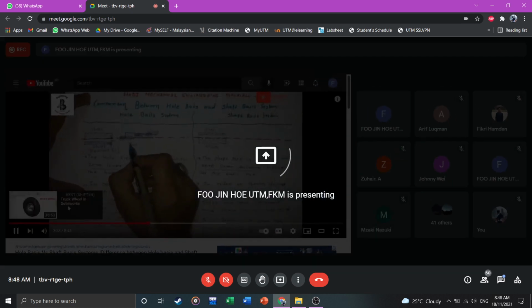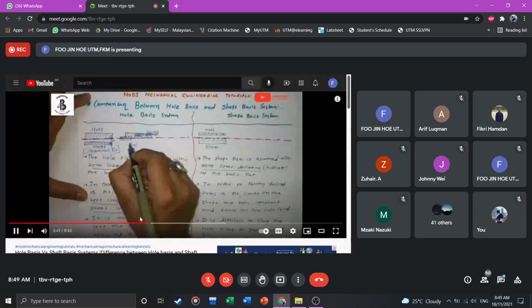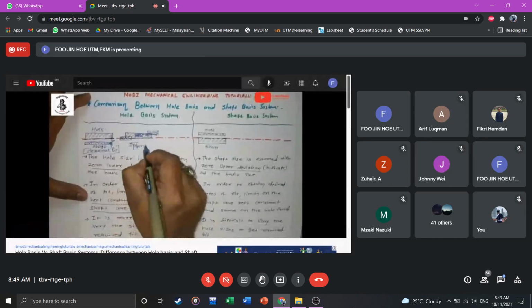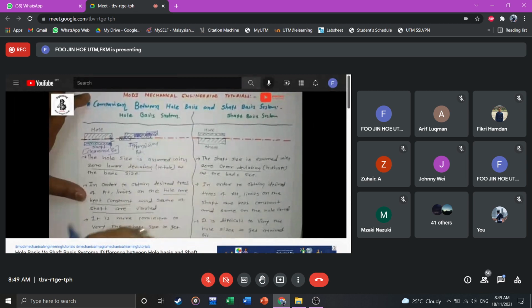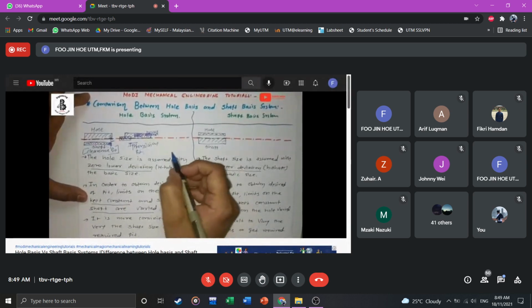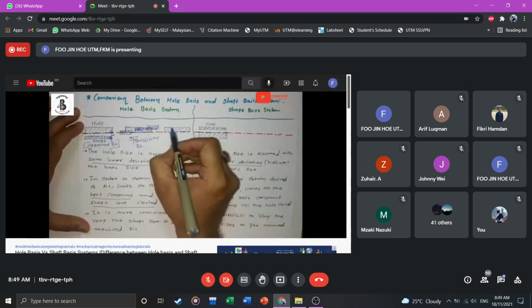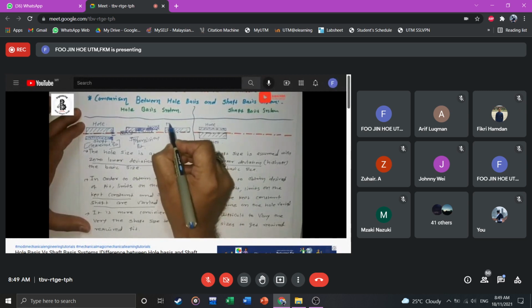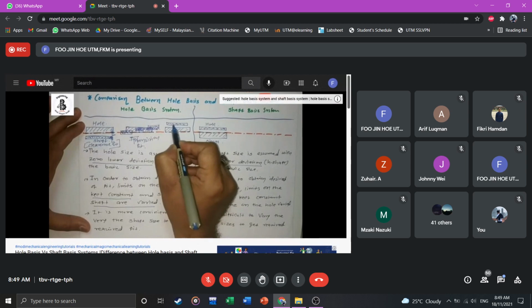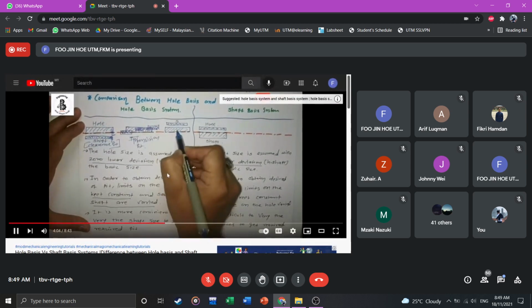But if you find the intermediate, that will be called a transition fit. Once again, the hole will be kept constant, and the shaft will be on the upper side of the hole. This is the one that I mentioned just now.